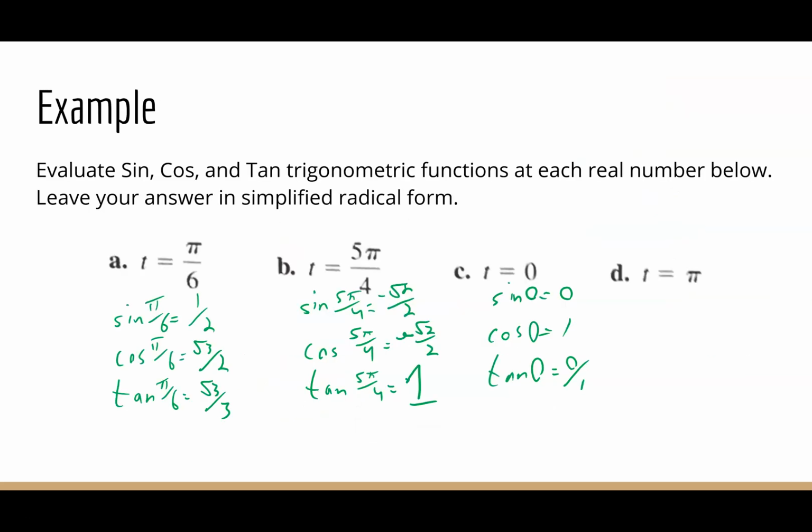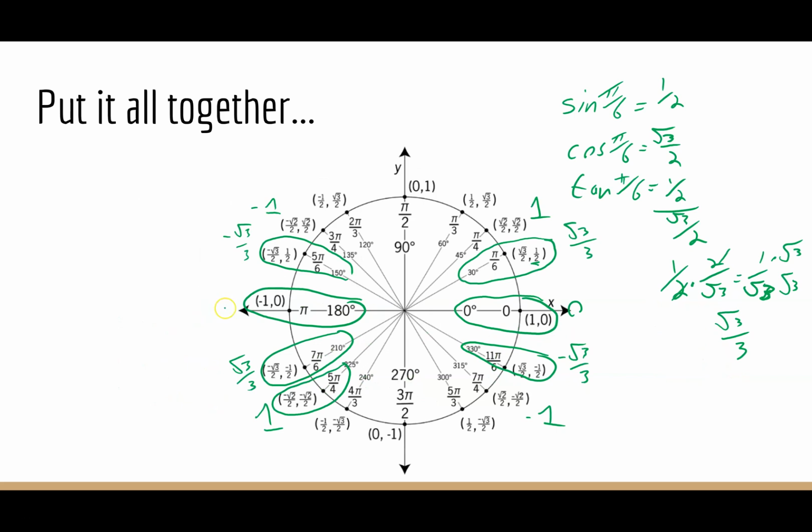So sine of pi is 0, cosine of pi is negative 1, and tangent of pi is 0 over negative 1, which is 0. So those are zeros also. Okay, so I've almost added all the tangents for you just by going through those problems. And you'll be doing those tangents a lot, so you might as well have your reference.